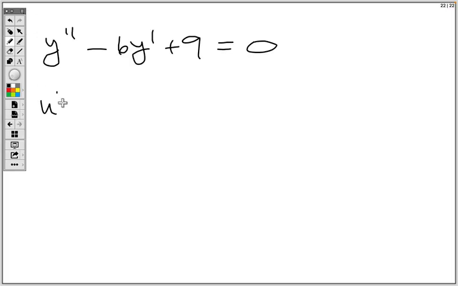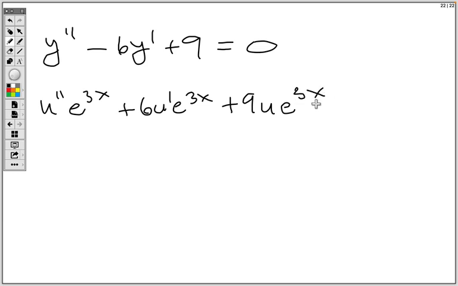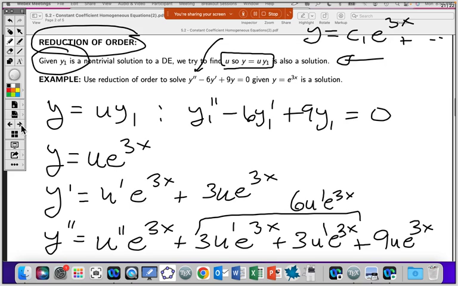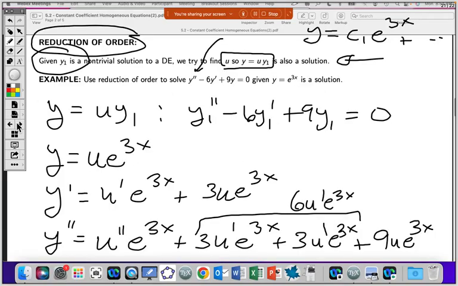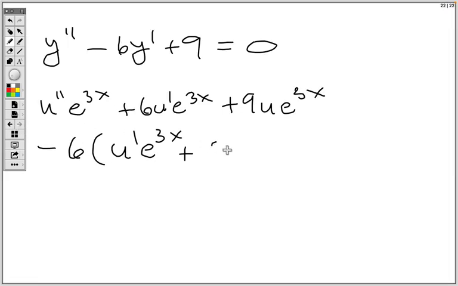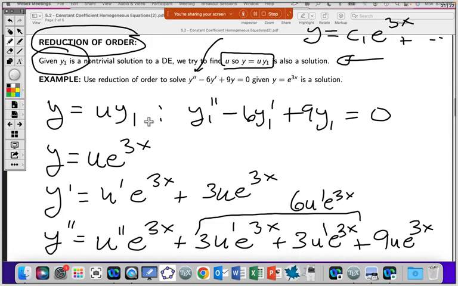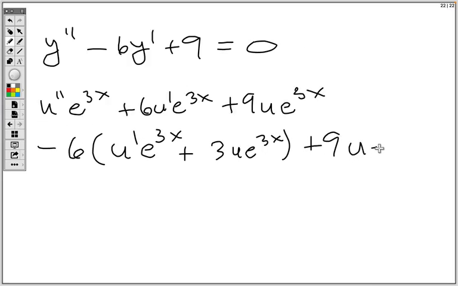I got u double prime e to the 3x plus 6u prime e to the 3x plus 9u e to the 3x, minus 6 times y prime, u prime e to the 3x plus 3u e to the 3x, plus 9y, u e to the 3x. And we want that to be 0.